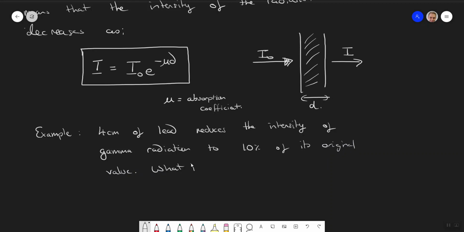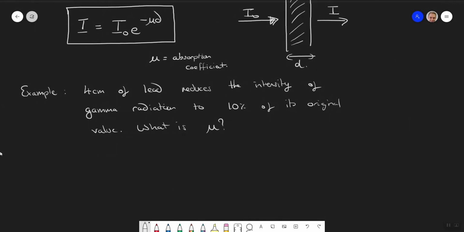What is mu? Okay, so our new intensity is 10% of our original intensity.